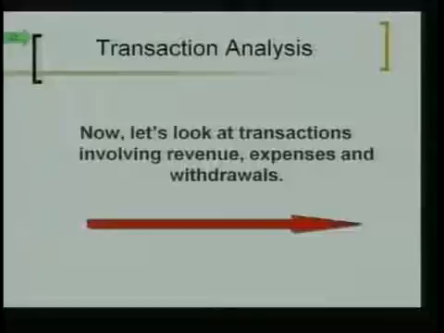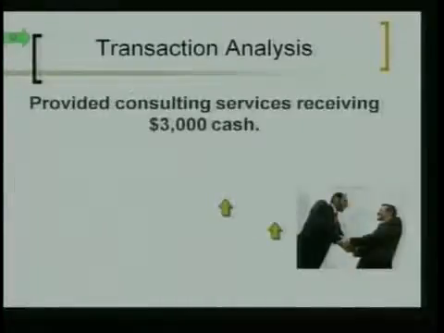Now let's look at some transactions involving revenues, expenses, and withdrawals. And I really want you to recall the quiz that you took. What are the 2 things that make owner's equity increase? What are the 2 things that make owner's equity decrease? So remember that. Okay, we provide consulting services and we receive $3,000 in cash. Okay?